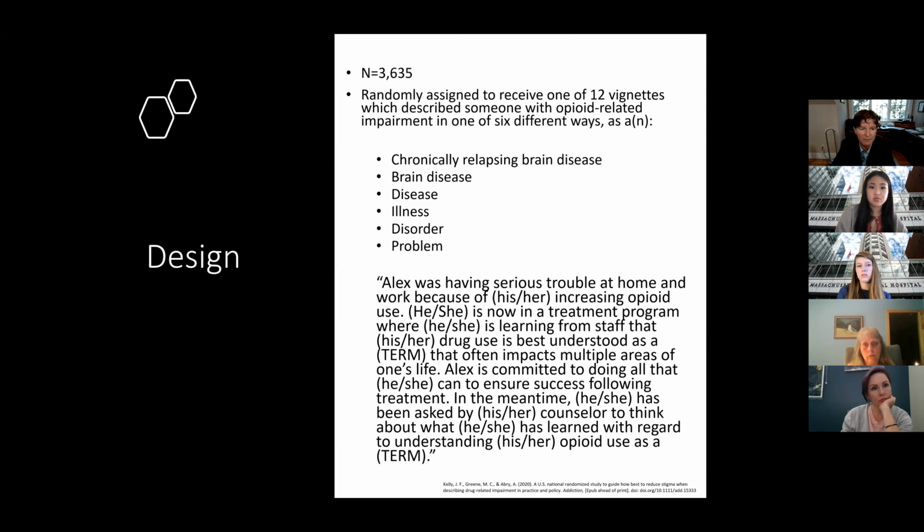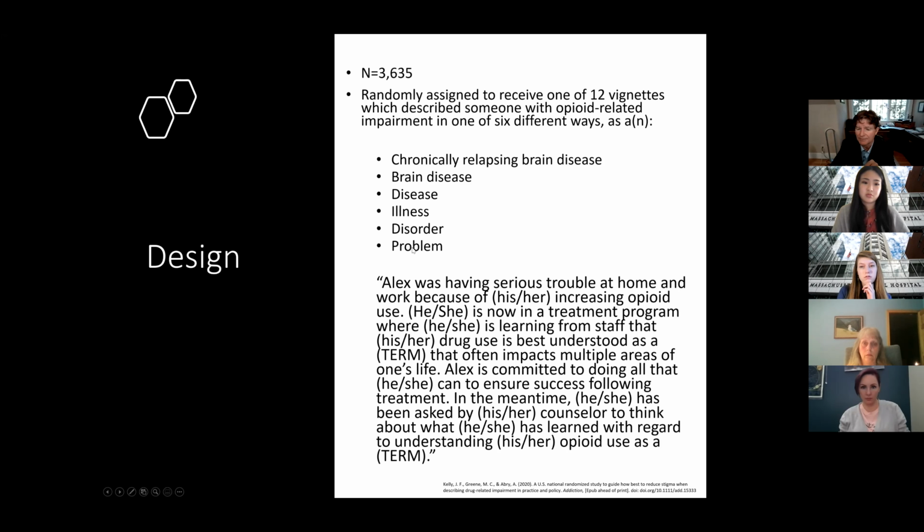And what I did was create a vignette which described someone in treatment who was being taught that his or her problem, the person was left open, his or her name was Alex. And we actually split it, half were described as a woman, half as a man.